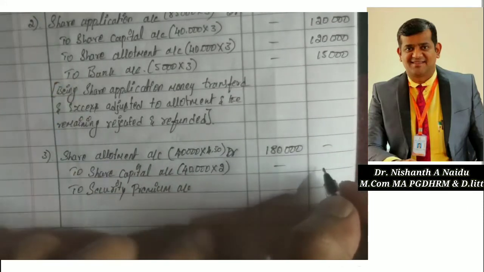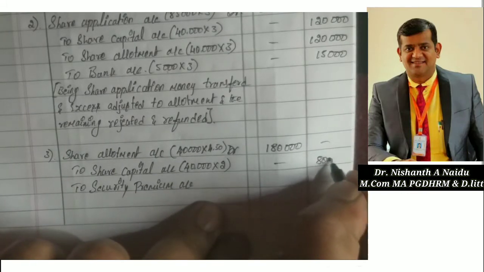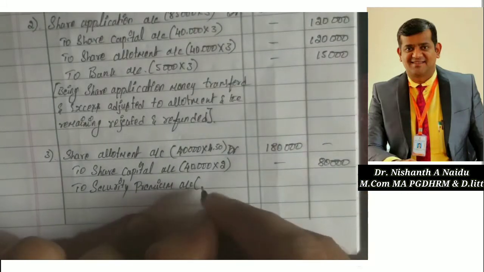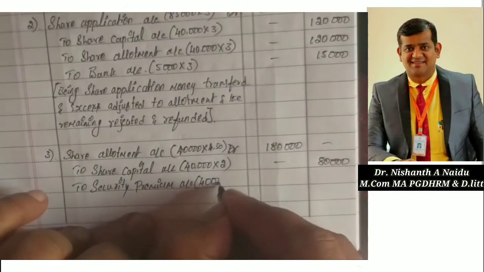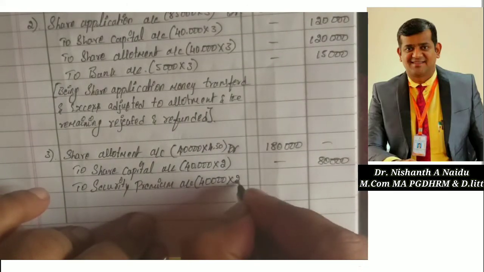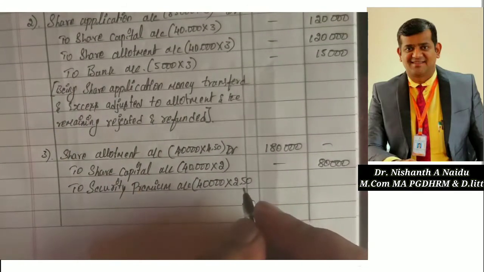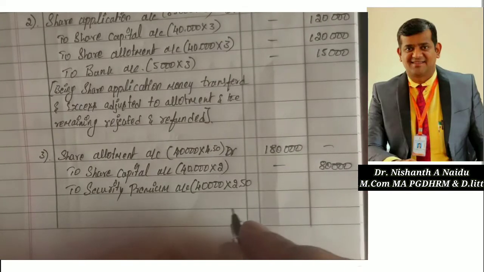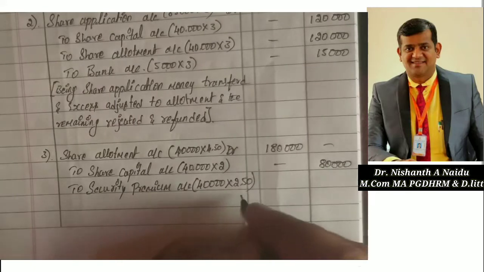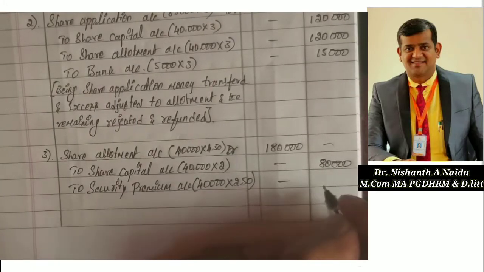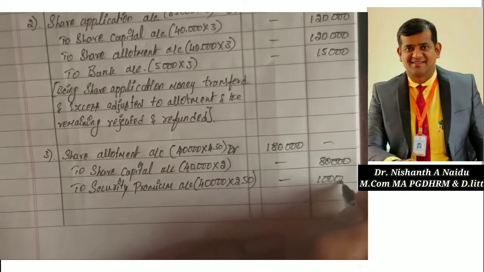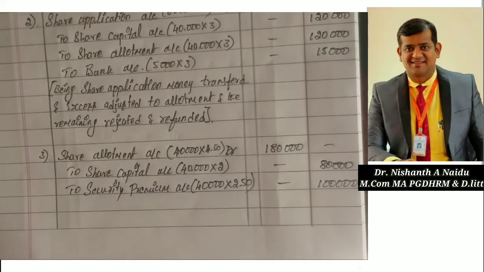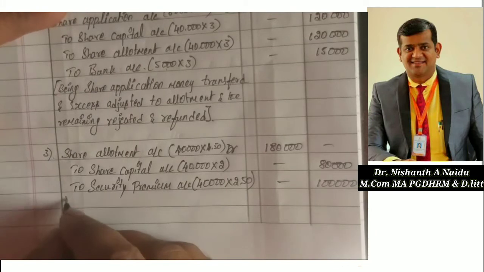So that is 80,000 for capital, because the premium in this problem is 2 rupees 50 paise. So 40,000 into 2.50 is towards premium. If you do this calculation, you are going to get 1 lakh rupees. Okay. So now write the narration for the same.